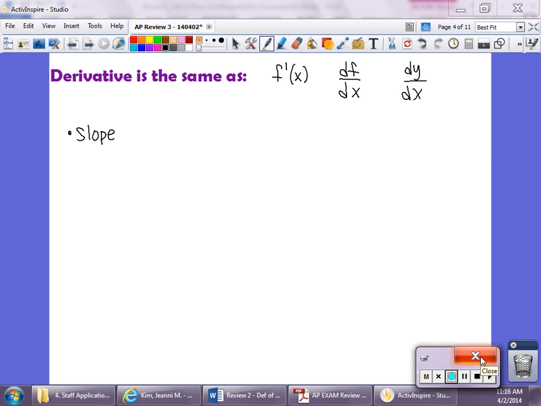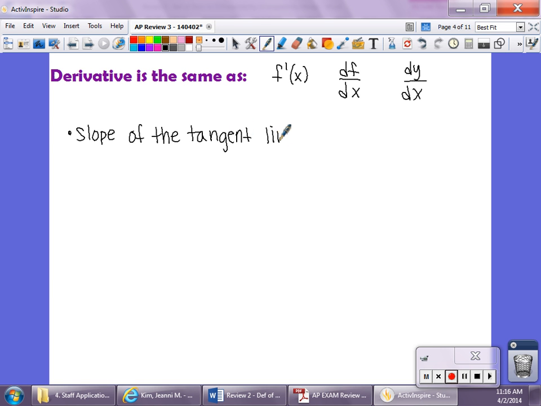Right, so the derivative is the same thing as the slope of the tangent line. So it's not the same thing as the slope. I know we sometimes shortcut what we say, but it's the same as the slope of a tangent line.